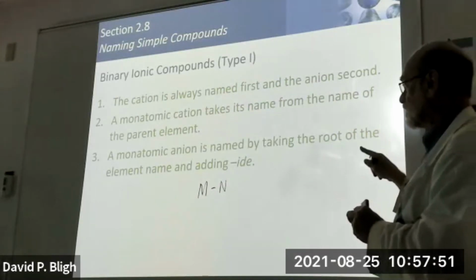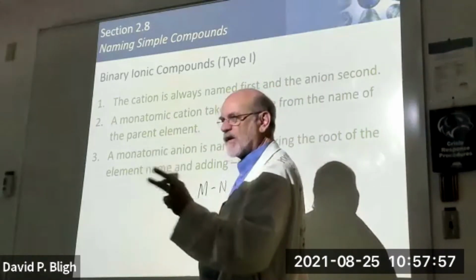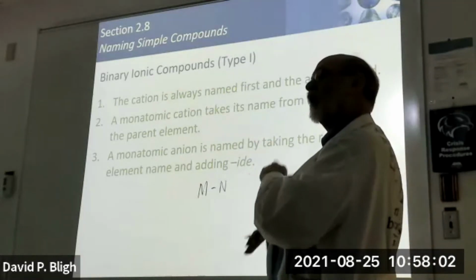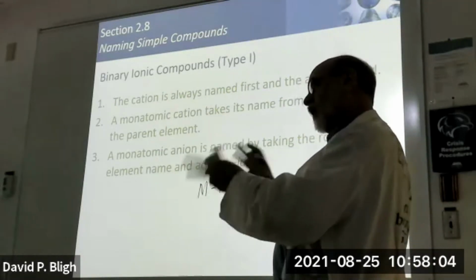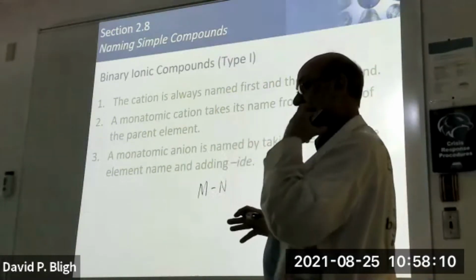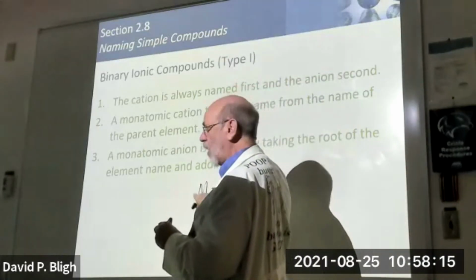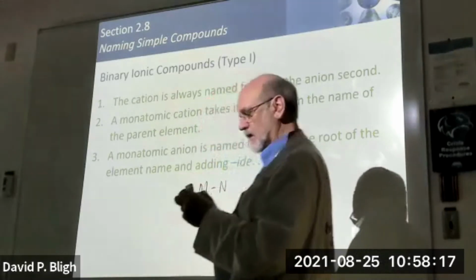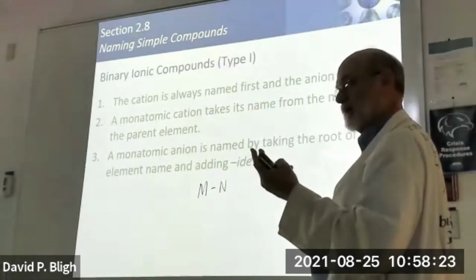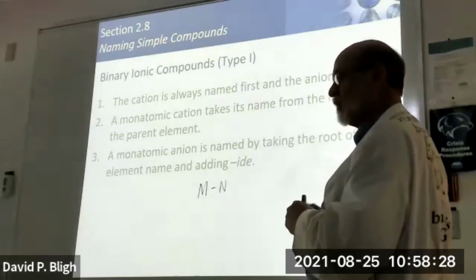The key to this one is, does that metal have a fixed charge or can it vary? Once the compound forms, the charge won't vary, but before it forms, it could be two or more different charges. We're going to save that one. For this type 1, it can only be one charge. So that means it's got to be an alkali metal, an alkaline earth, or the boron group: +1, +2, or +3.